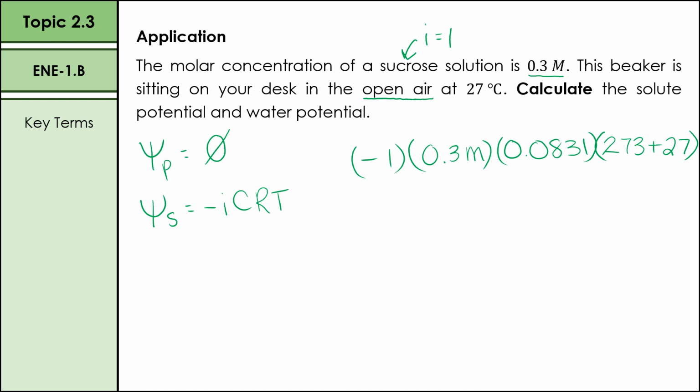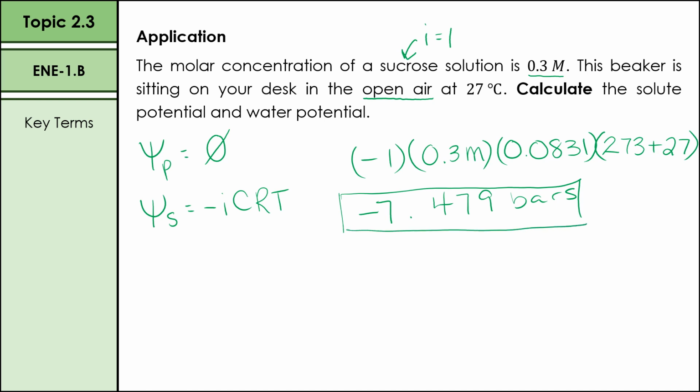If I throw all of this into my calculator, I should get a result of around negative 7.479 bars. And so this is my solute potential in this case.